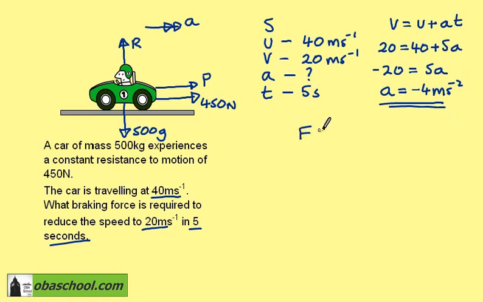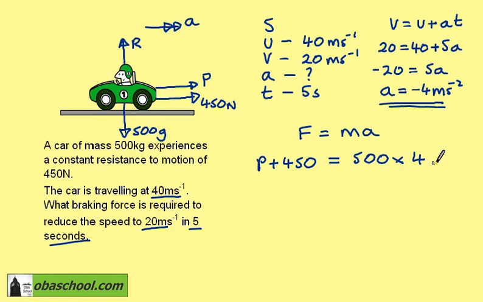We can now use F equals ma. We know that the vertical forces here are in equilibrium. The resultant force acting on the particle, therefore, must be the P plus the 450. That will be equal to the mass, which we know is 500, times the acceleration, which is 4.